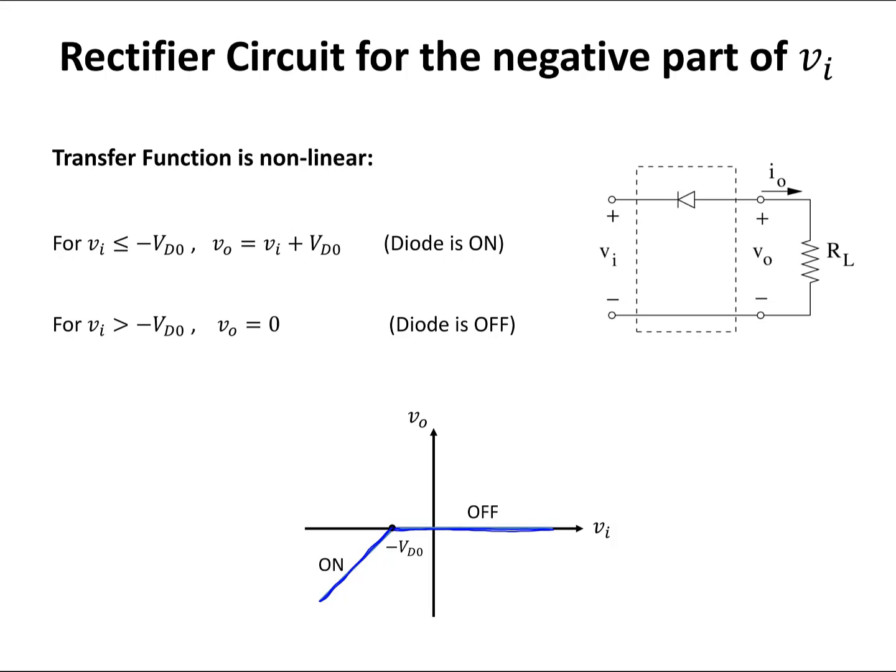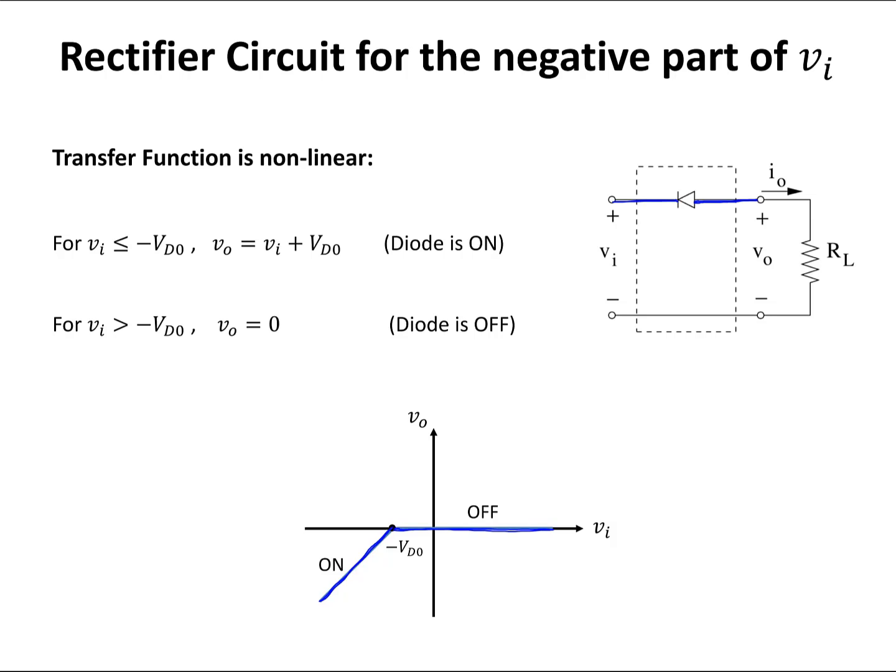If we flip the direction of the diode in a rectifier circuit, the way that I did here, then we can keep only the negative portion of Vi at the output, and for positive values of Vi, make the output go to 0. This happens because of the way the diode is connected in this circuit.